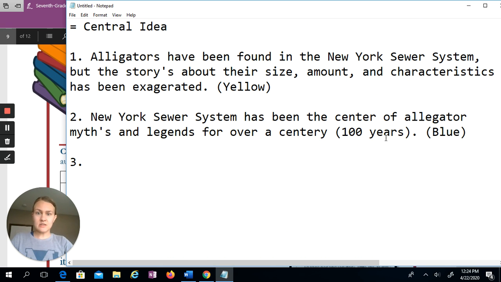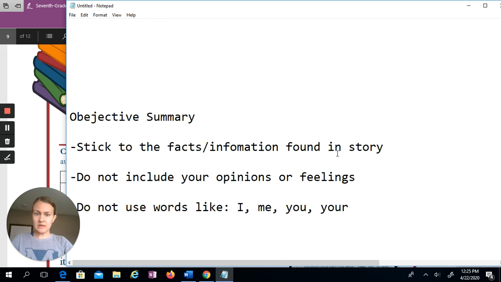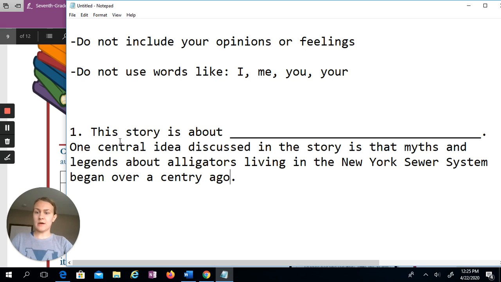Okay, so I didn't use the exact wording we used up here. I changed it up a little bit so that it flowed better in my paragraph. So: one central idea discussed in the story is that myths and legends about alligators living in the New York sewer system began over a century ago.